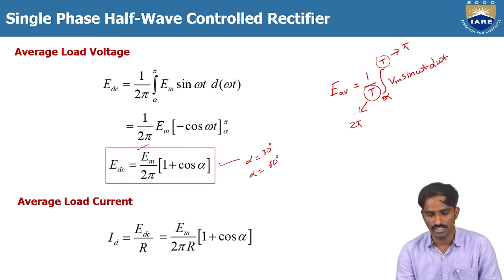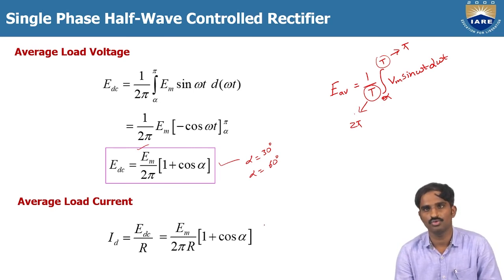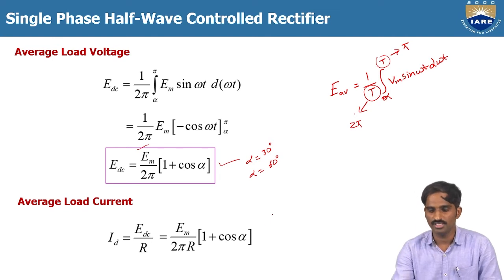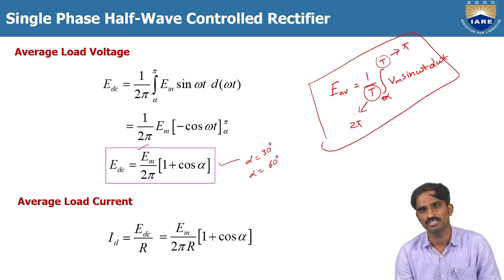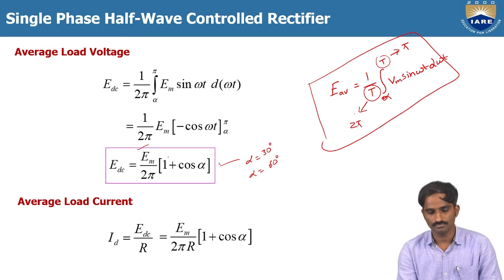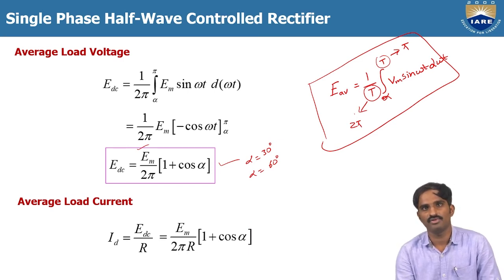Like that, we should derive the average load voltage and the average load current. The basic thing is this basic equation. If you remember this basic equation, then you can easily solve for the average load voltage and the average load current by deriving this. These are simple integrations. If you just apply the simple integration and substitute the limits, you will get the average load voltage as well as the average load current.